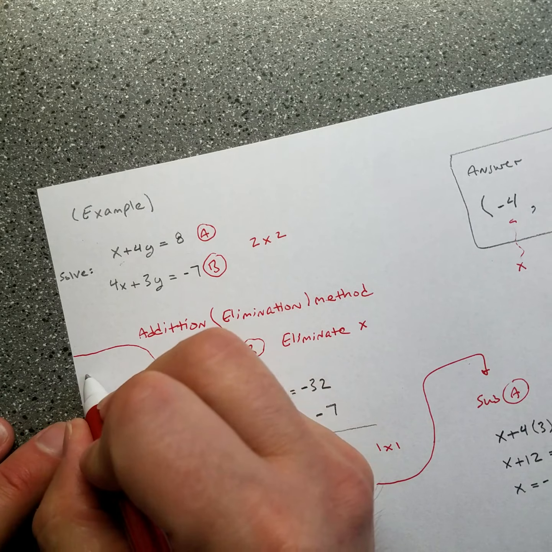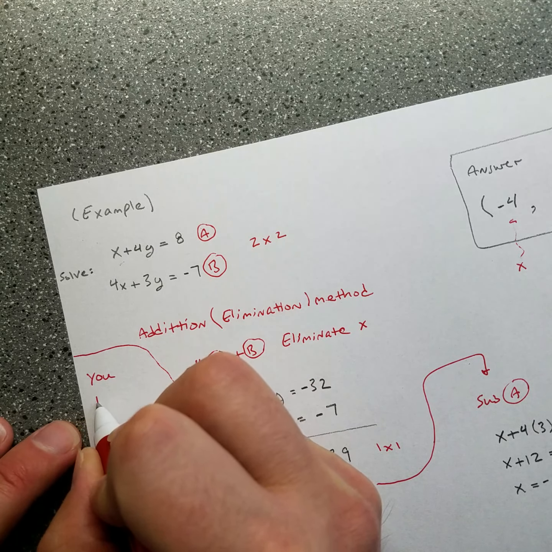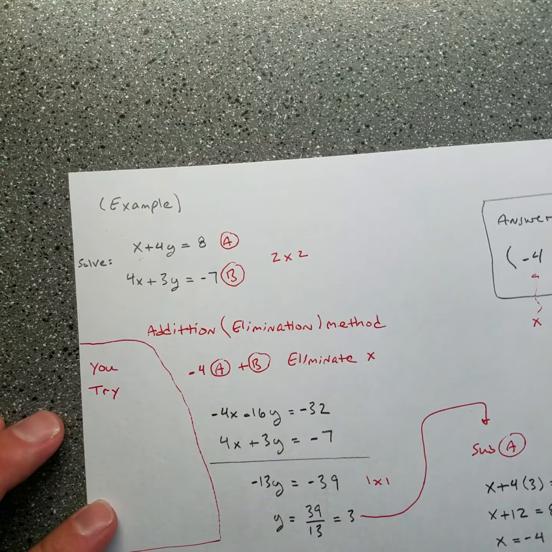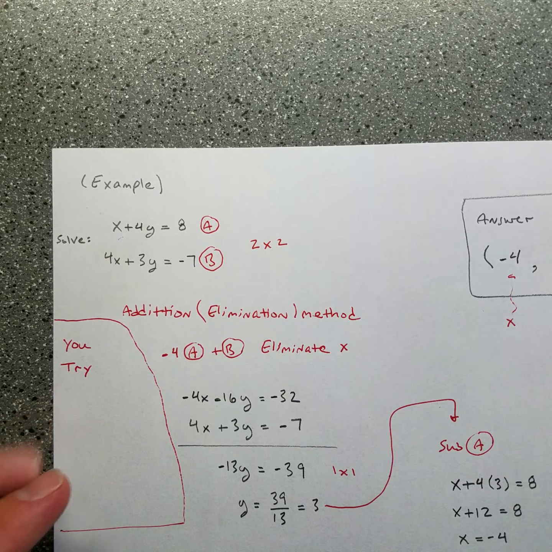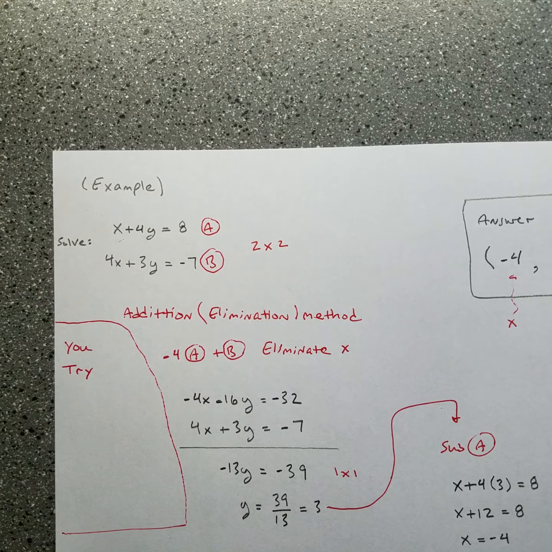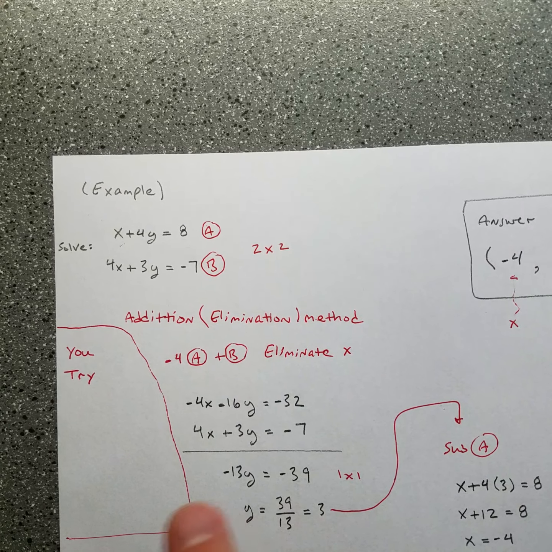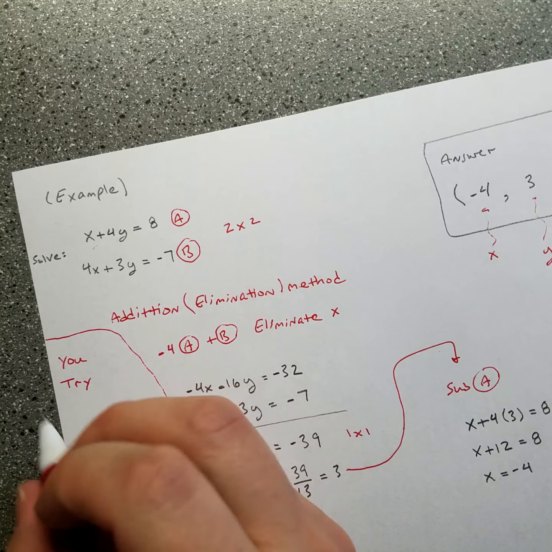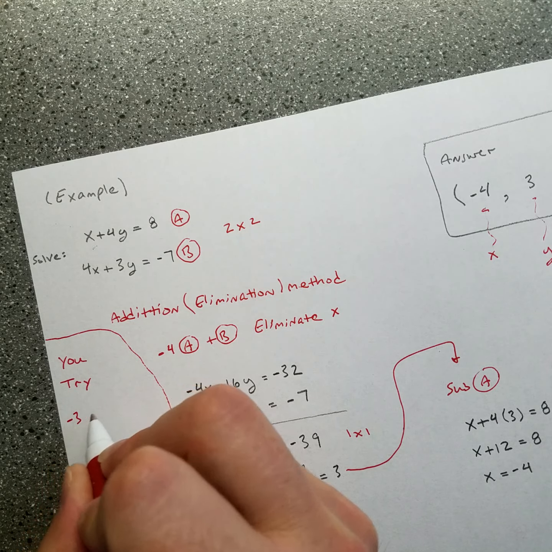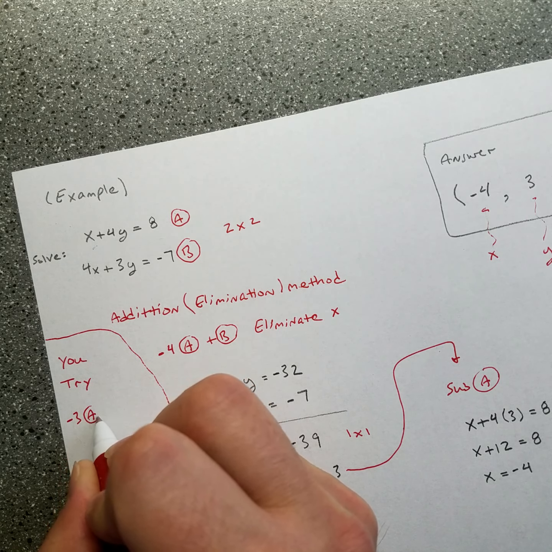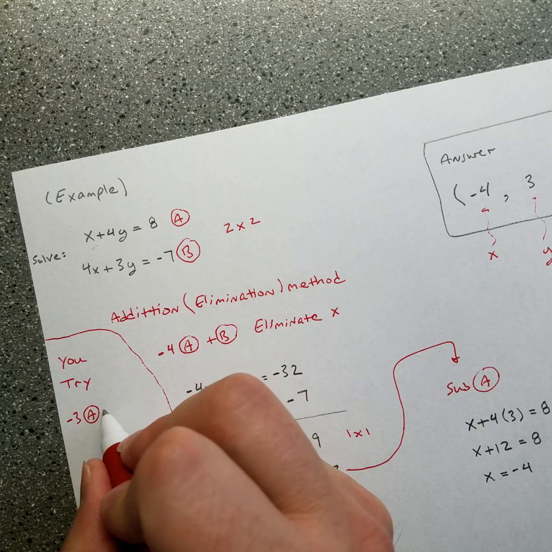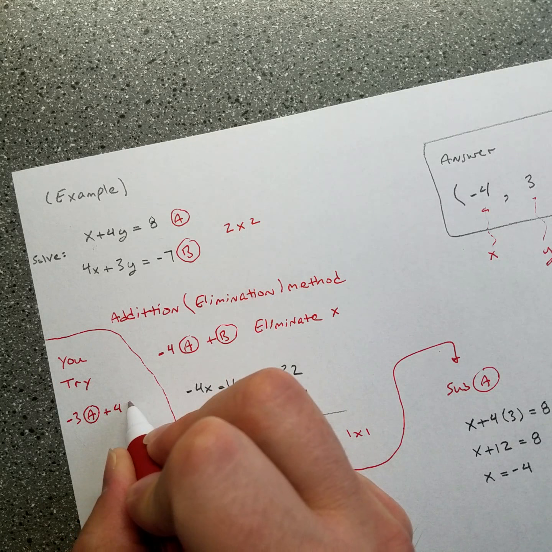I would like you to try doing it a different way, but that it will still give you a feel for how this works. Okay? So how about this? Could we do, say, -3 times equation A plus 4 times equation B?